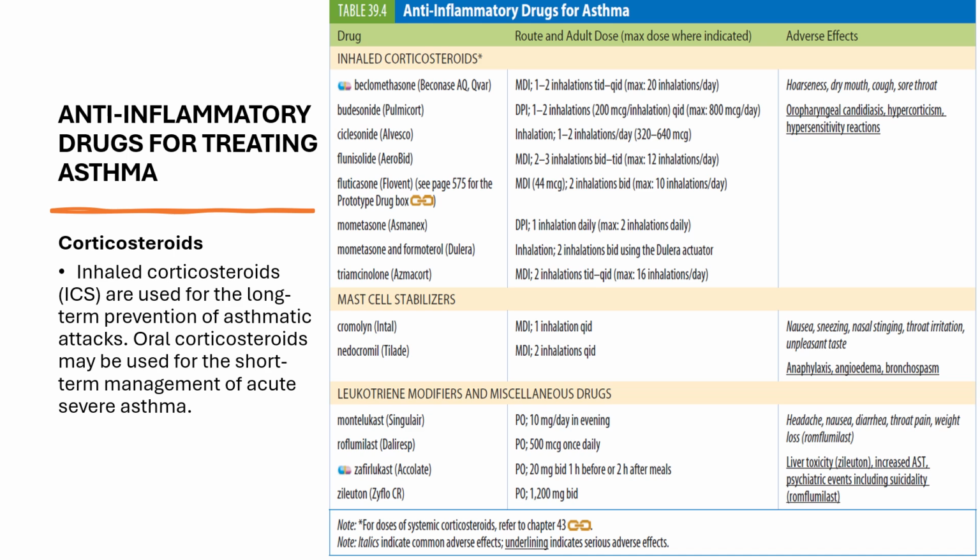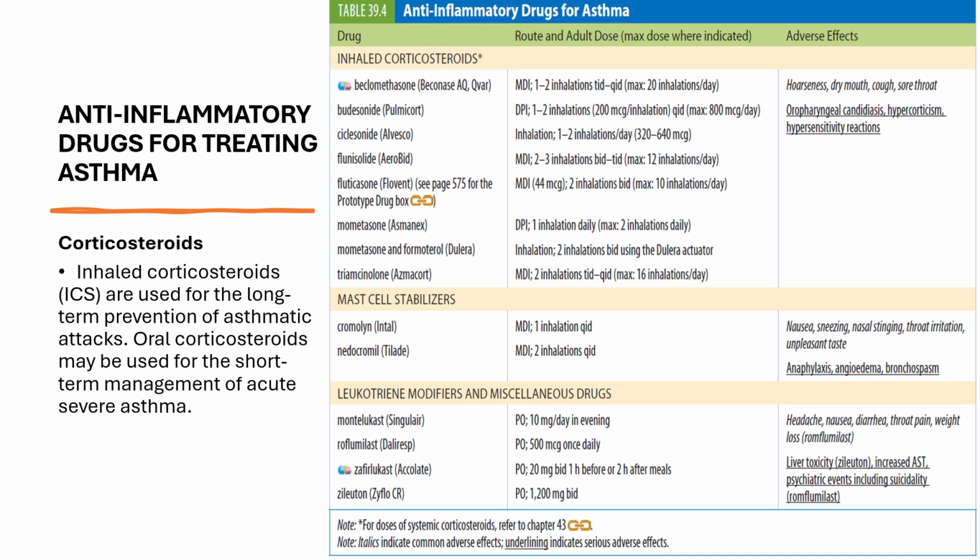For severe unstable asthma that is unresponsive to other treatment, systemic corticosteroids such as oral prednisone may be prescribed. Treatment time is limited to the shortest length possible, usually 5 to 7 days. And at the end of the brief treatment period, patients are switched to inhaled corticosteroids for long-term management.